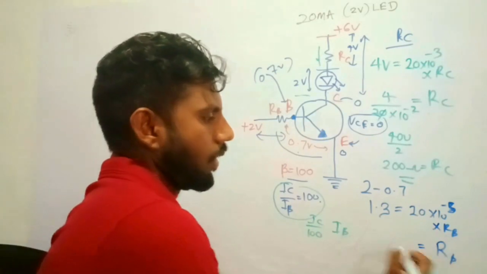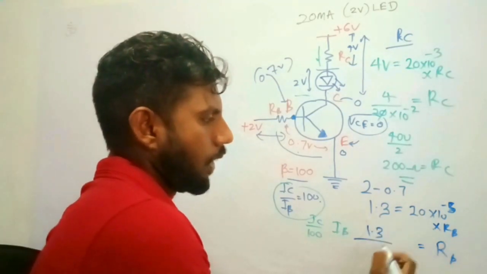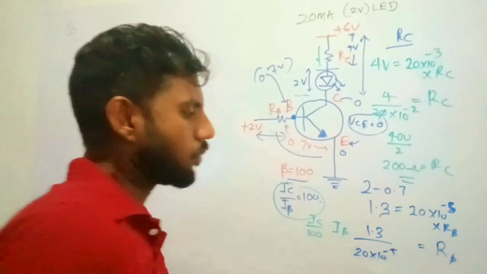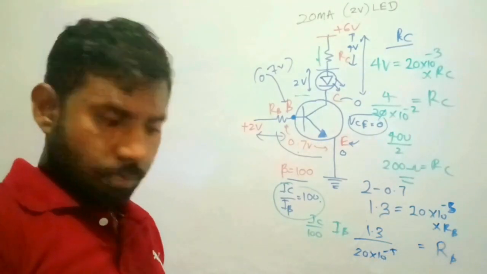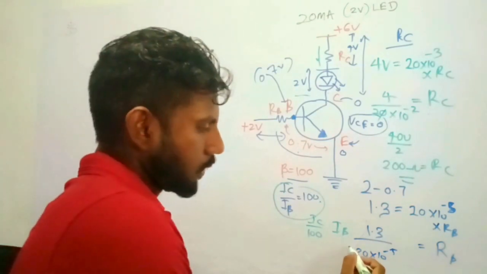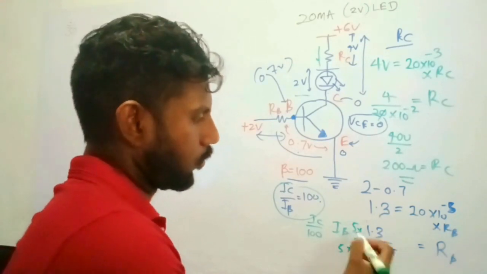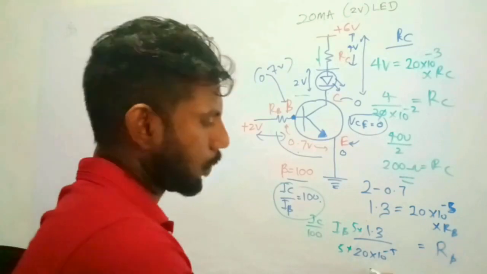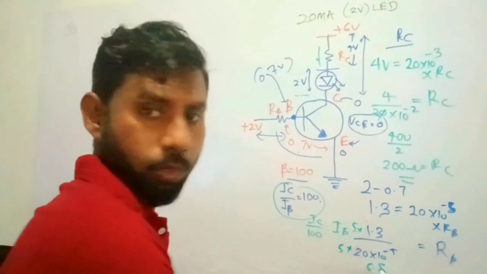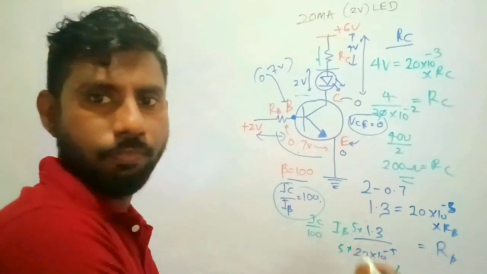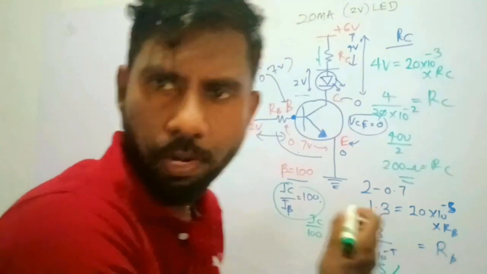Let's simplify it. Now, 1.3 divided by 20 into 10 to the power minus 5. There's an easy method to simplify these types of questions. Let's multiply this by 5 and this by 5. So 5 into 1.3 is 6.5. I hope you can see it. 6.5 divided by, let's write it here.